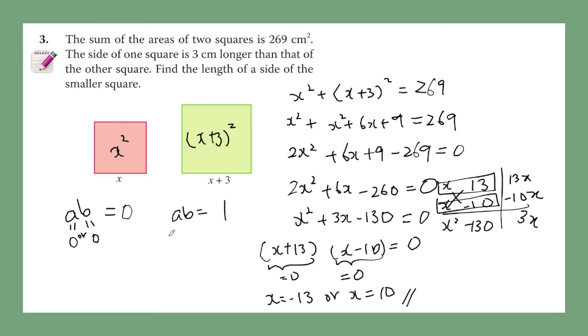So there are many possibilities for what a can be. a can be equal to 1 and b equal to 1, a equal to negative 1 and b equal to negative 1, both, or a equal to 2 and b equal to half. There are so many combinations you cannot pinpoint which is which.